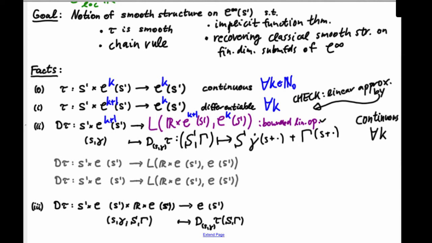Right, so let's see. The first thing we've already seen: if I want to start at C^k and go to C^k, that totally doesn't make sense because it's not even well defined. So this is not good. This is ill-defined when gamma is C^k, but not C^(k+1).